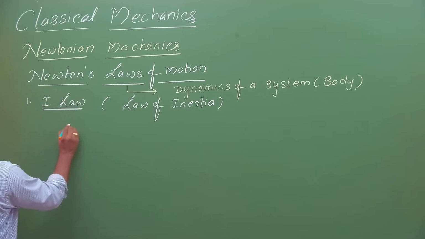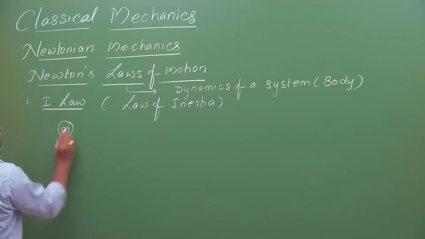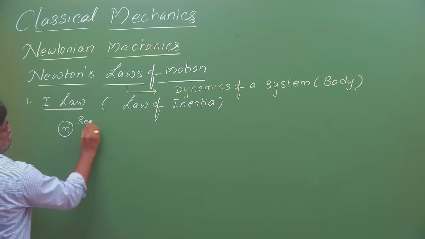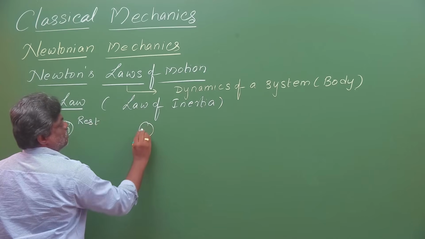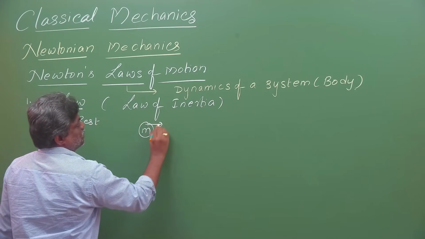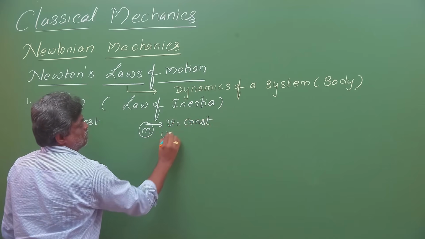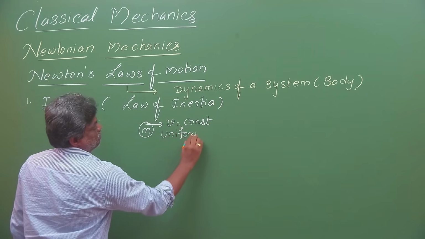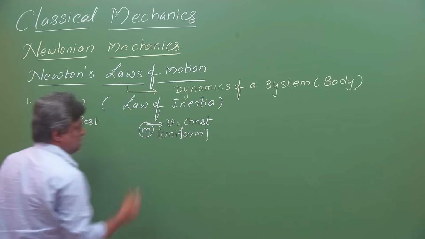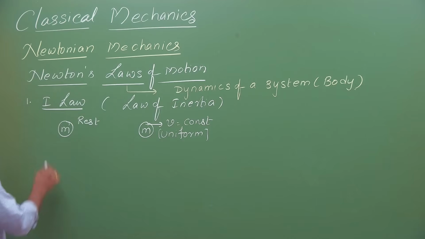That means, for example, this is a body of mass m which is at rest. Or else let us suppose this is a mass m which is moving with a velocity v, that too constant. That means which motion? Uniform. The statement is very simple.